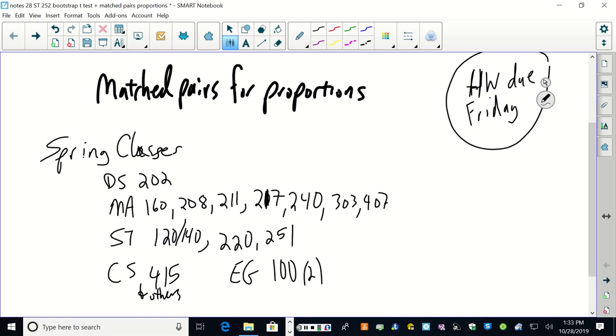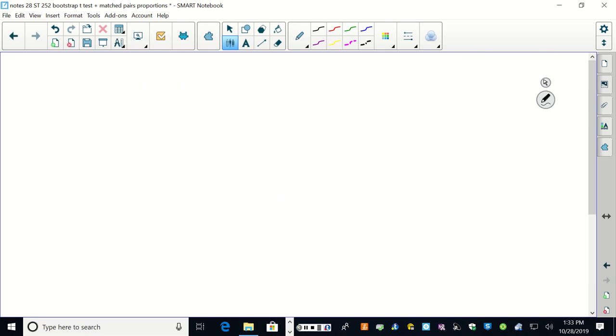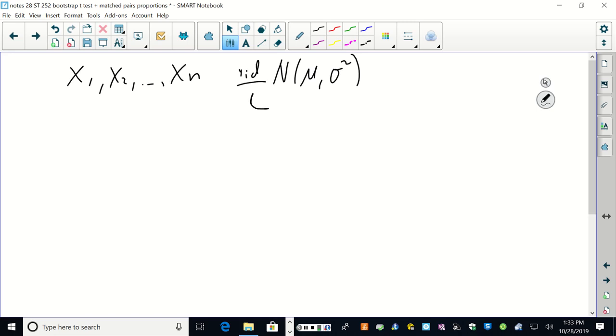So we want to look at this Bootstrap t-test. And so the motivating example would just be a test for a mean. So if you have x1, x2, up to xn, and these things are IID normal with mean mu and variance sigma squared, and again, this IID is independent and identically distributed random variables.